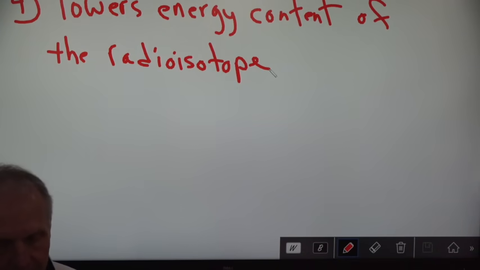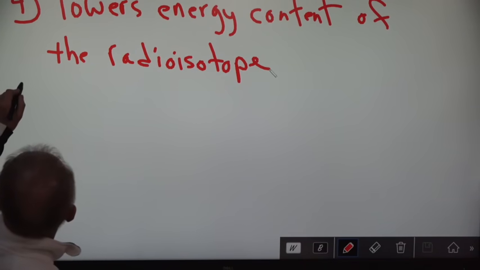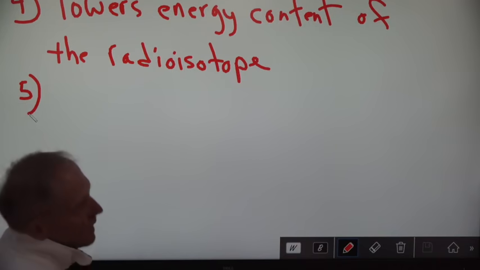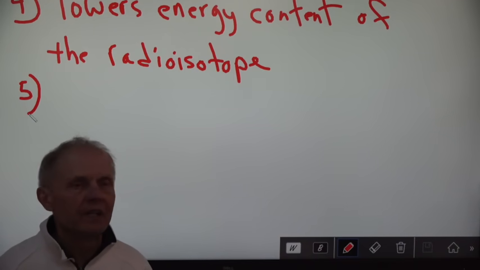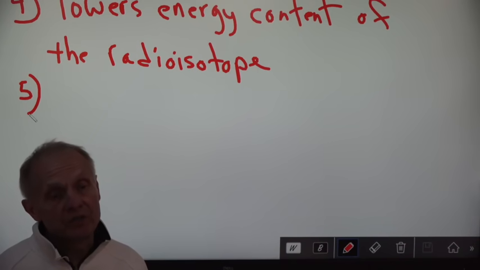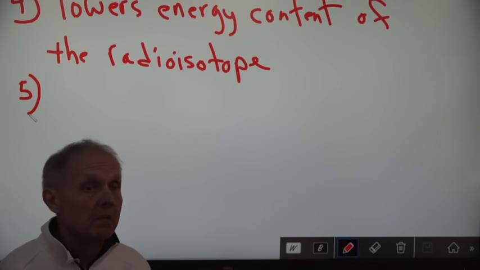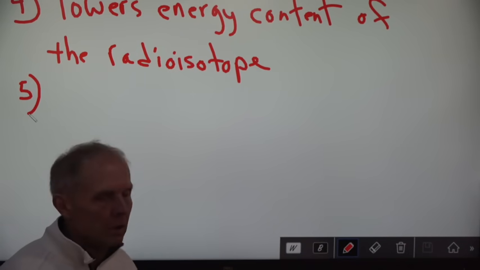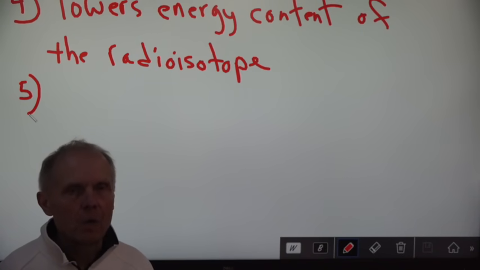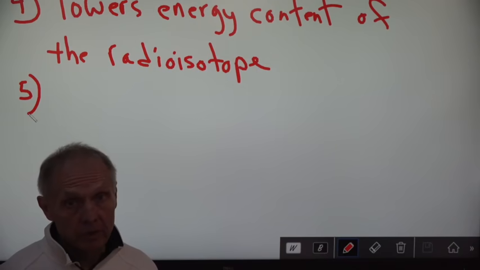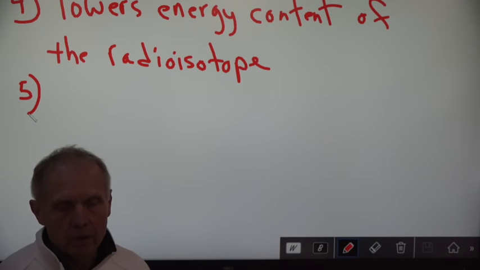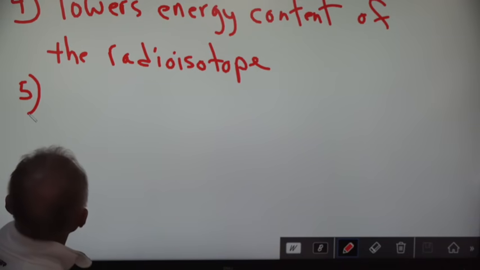Now, remember, alpha particles can be stopped by skin or clothes or anything like that. Beta particles, you need something a little bit thicker, like maybe aluminum foil or wood or a book. It won't stop with skin or clothes. Gamma rays, these things are incredible. Here's what you need to stop a gamma ray.